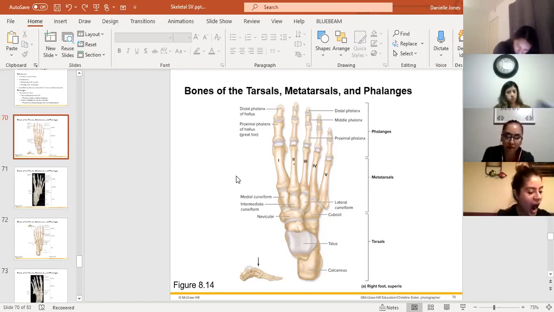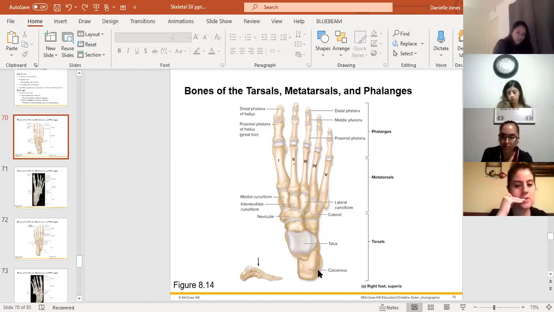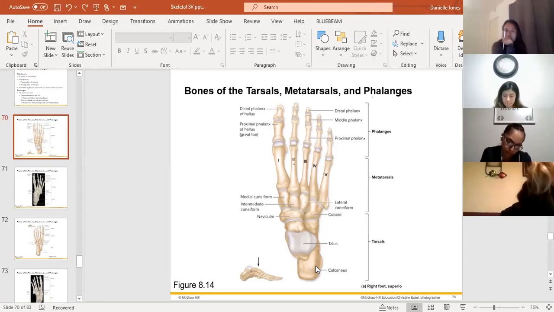Okay, so underneath the talus, this bone right here, and then underneath it, this big old one, that's the calcaneus right here. Now the calcaneus is basically your heel, and we have a tendon. It's more commonly known as the Achilles tendon, but the correct terminology is the calcanean tendon.